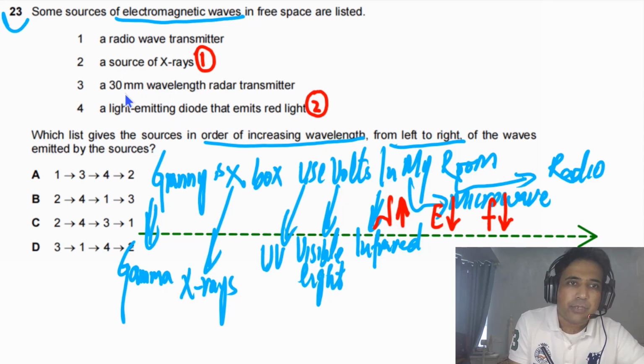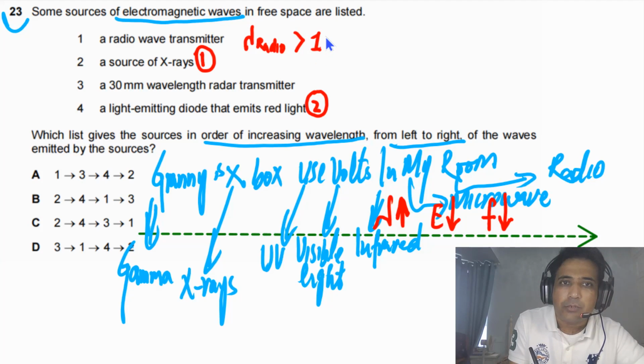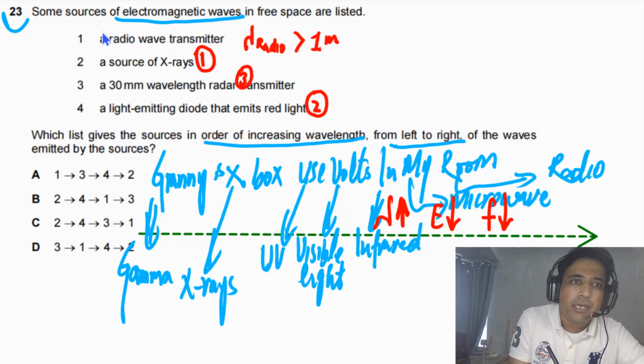And after visible light, this is the 30 millimeter radar transmitter, because for radio waves, lambda is greater than 1 meter, and so on. So this one has to be the third one, and this one has to be the fourth one.